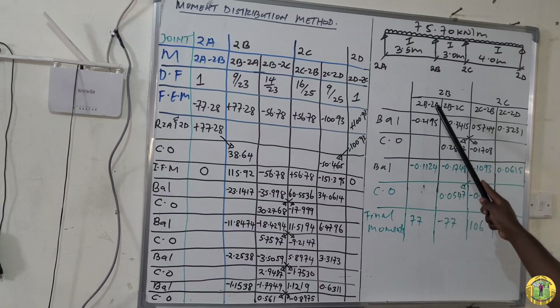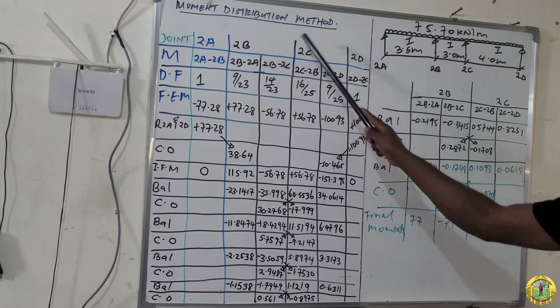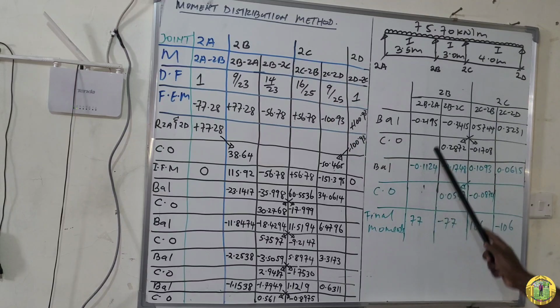So I picked 2B, this is joint 2B and 2C, and this is their members. So this is the continuation. So here is carryover, which is 0.561 and negative 0.8975. So to continue, you have to balance this.